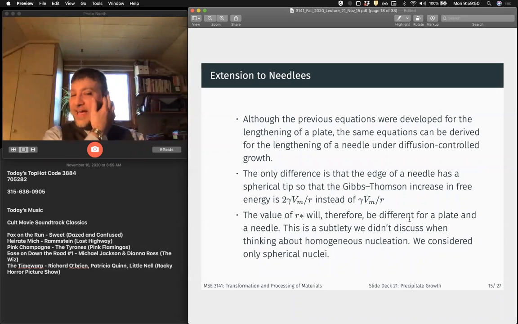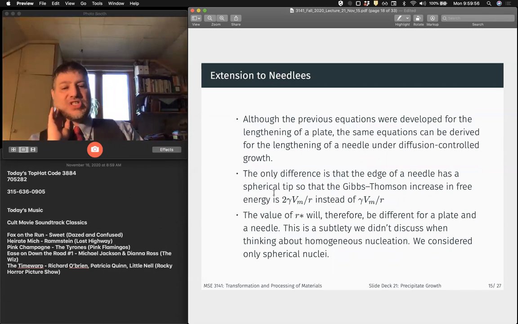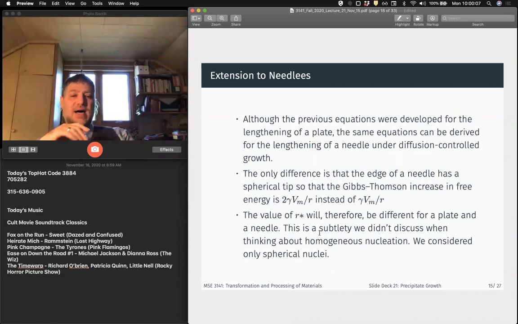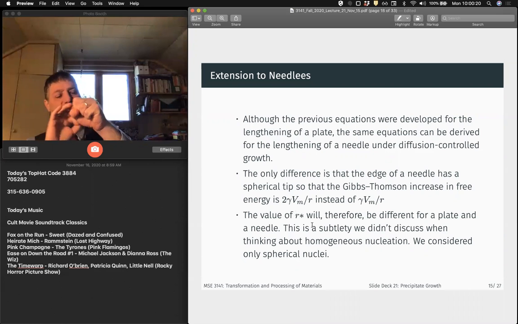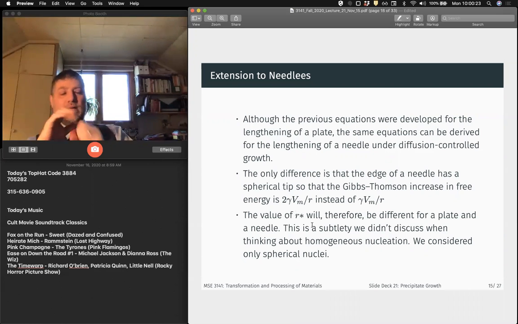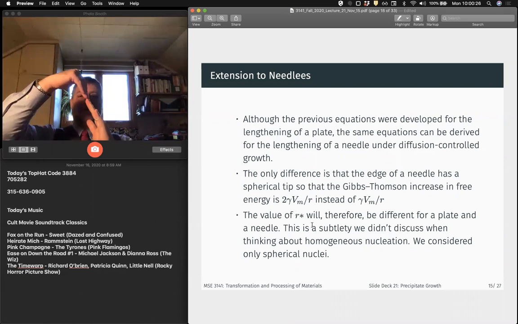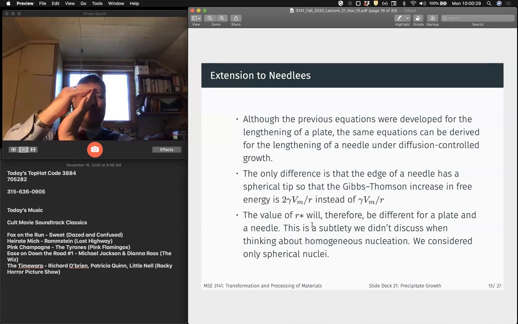So if we extend to needles, really the big difference is the spherical tip of the needle means we have a bigger increase in Gibbs-Thompson. So our value for R star is going to be a little different. Remember, one way to view R star, the critical radius, was in light of Gibbs-Thompson. We could think of the penalty for that surface energy, the surface tension, the energy penalty of taking a flat interface and bending it.